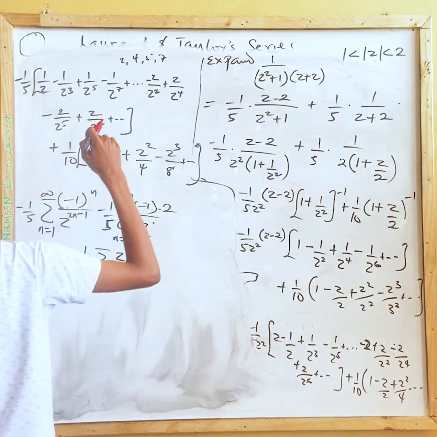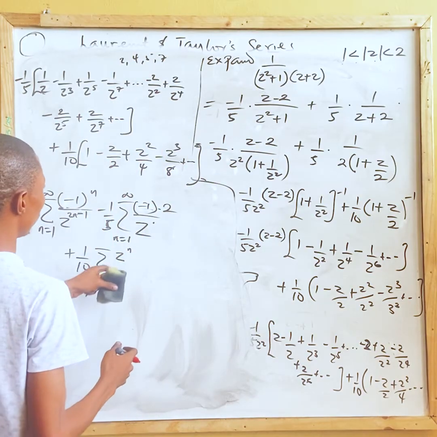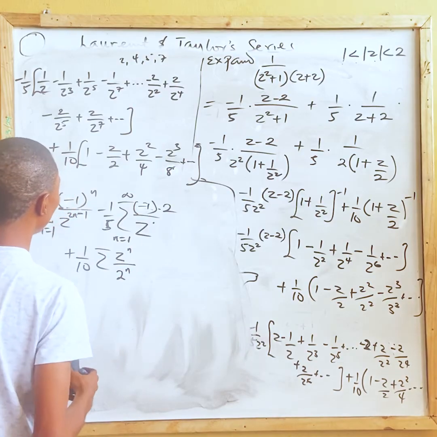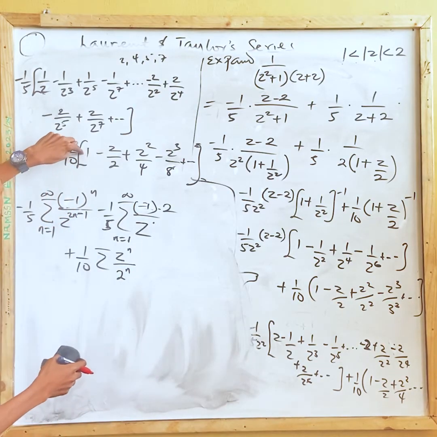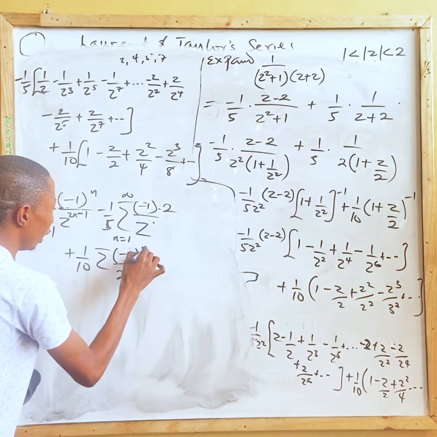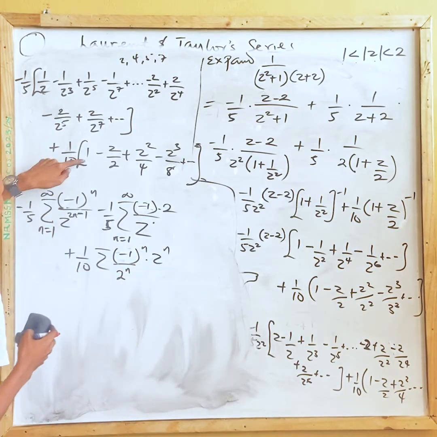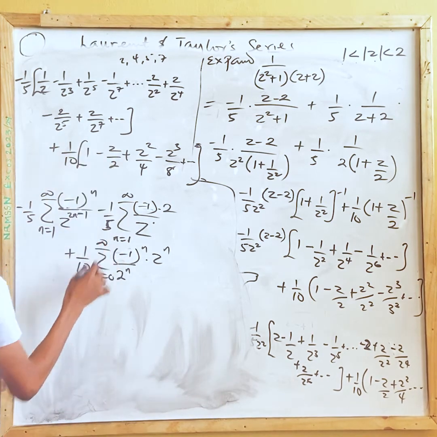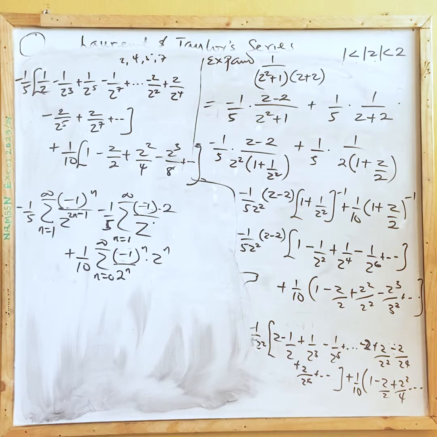The next one will be 2 raised to power 4, 16. So summation z raised to power n divided by 2 raised to power n. Now check, is it alternating? Plus, minus, plus, minus, plus. So you put minus 1 all raised to power n times z raised to power n. Our n starts from where? n starts from 0, because this one starts from 0. Goes to infinity. So that is the Laurent series of that expansion.